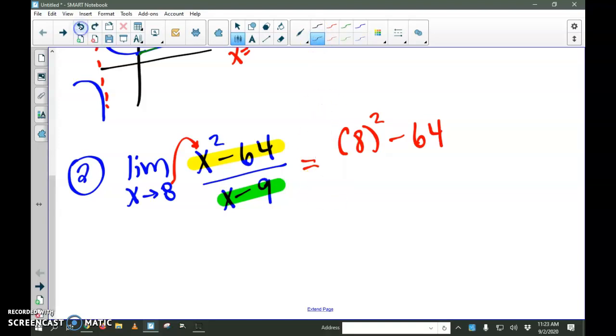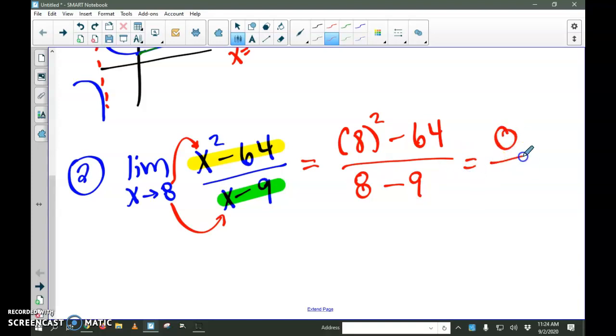I can only drop the limit when I'm at the substitution phase. Okay? I'm also going to evaluate the limit by substituting 8 in for x in the denominator. I'm going to get 0 in the numerator, -1 in the denominator, and 0 divided by -1 is 0.